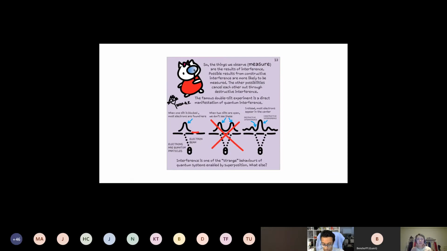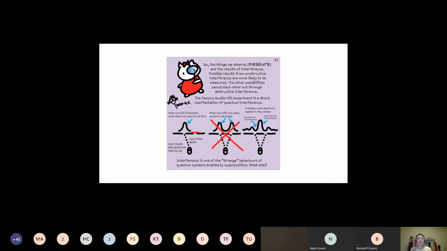It's not just something that we cannot observe because quantum mechanical systems typically are at a very small scale and very cold, but there are actually measurements that we have observed that directly express this interference.